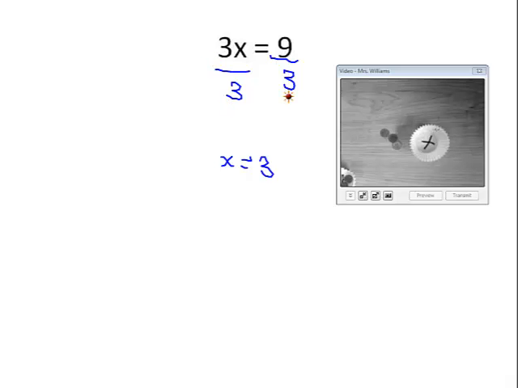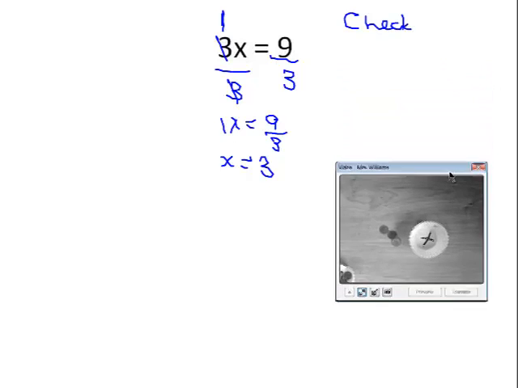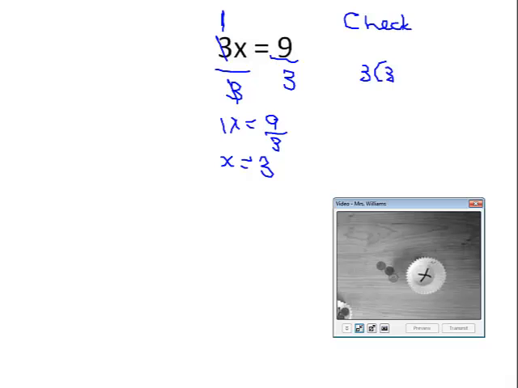So using the math, what we did is we divided both sides of the equation by 3, and we canceled out 3 divided by 3 because we know 3 divided by 3 is equal to 1. So we get 1x is equal to 9 divided by 3, or x equals 3. Let's check by substituting back in. 3 times substituting in 3 is equal to 9, or 9 is equal to 9, and that checks out. So our answer must be correct.